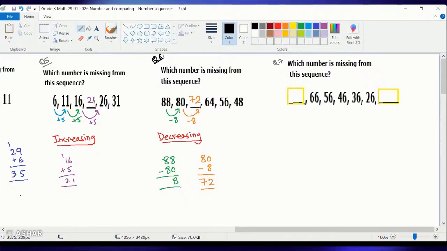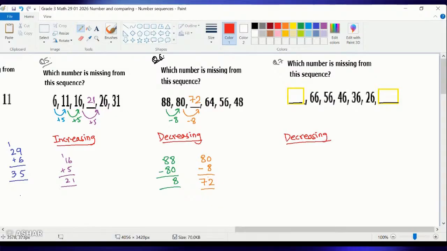What we can say is the number that was given to us was 66. It becomes 56, 46, 36, right? That means this is a decreasing sequence, right?